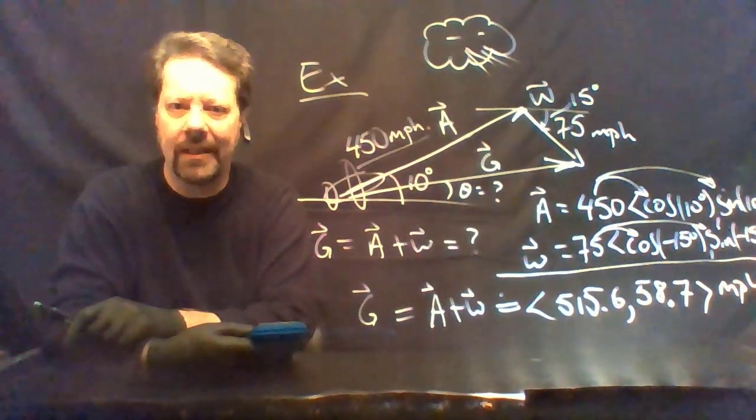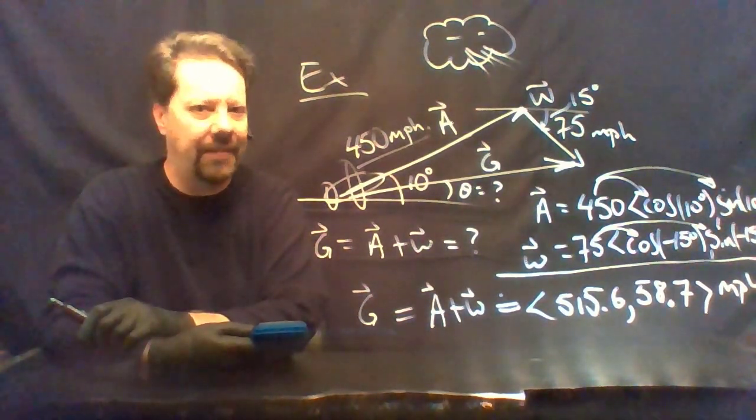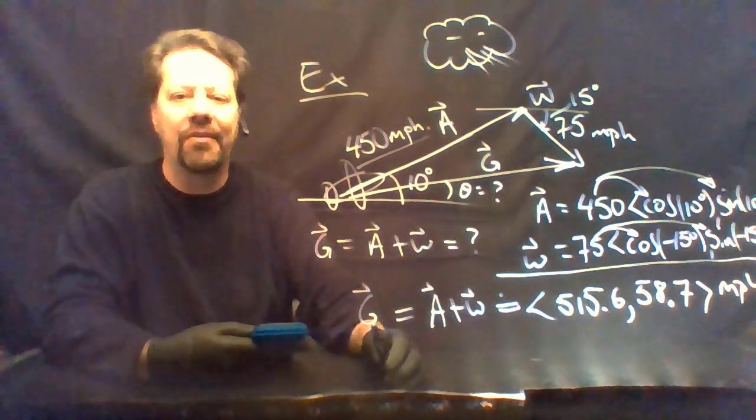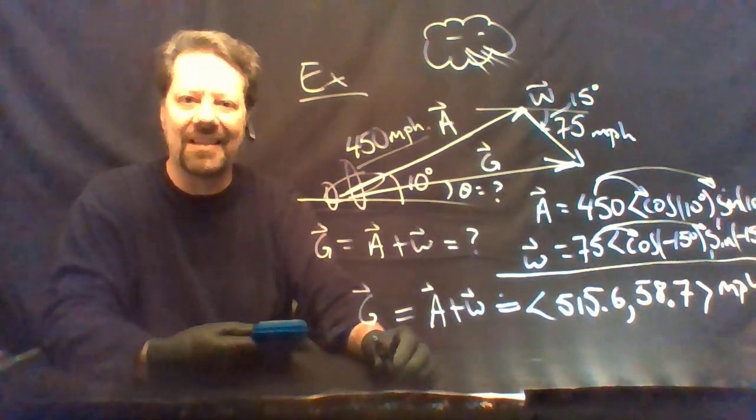Velocity is a vector quantity. Speed is the norm of the vector. So to find the ground speed, I need to calculate the norm of the velocity vector.